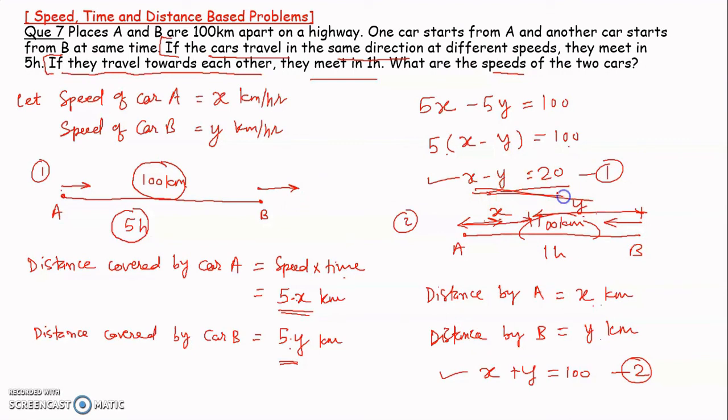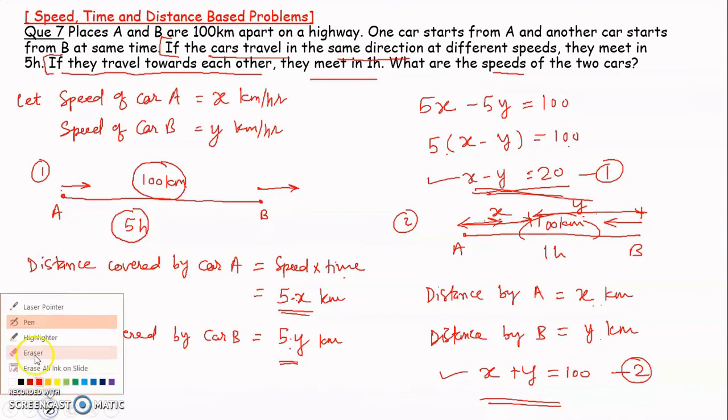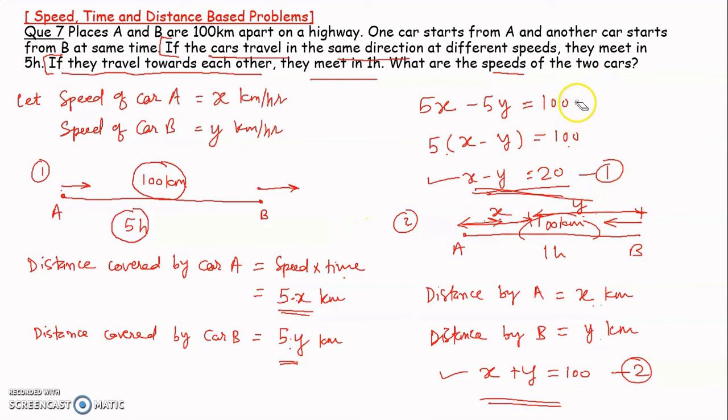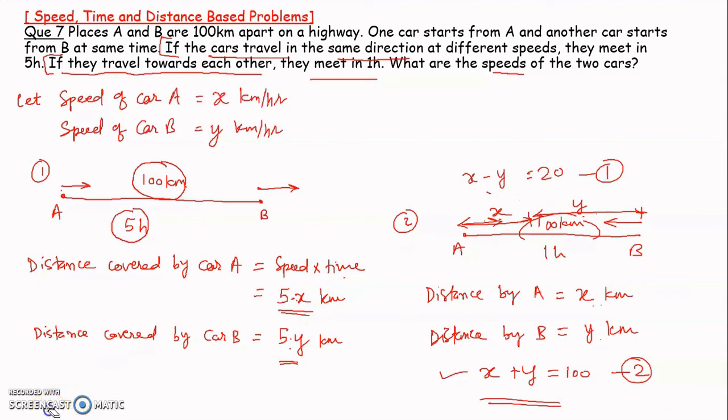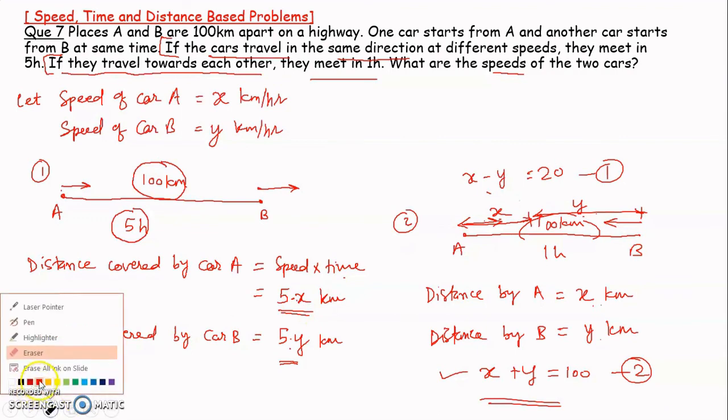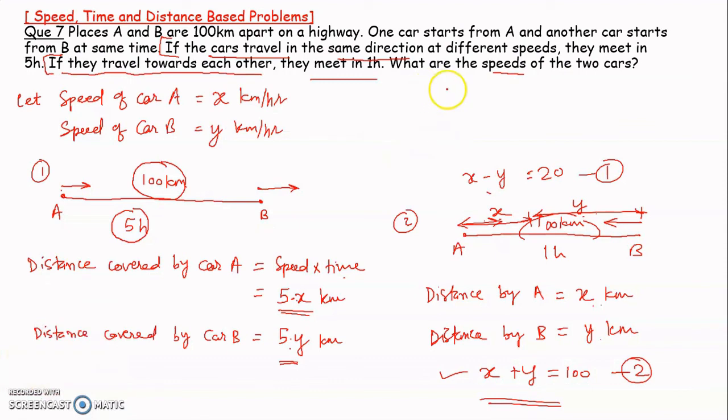x minus y equals 20, this is the first equation, and x plus y equals 100. Let me solve it here. First equation x minus y equals 20, and second equation x plus y equals 100.